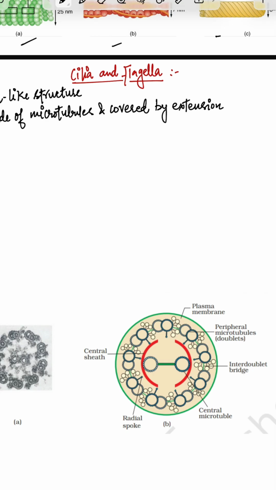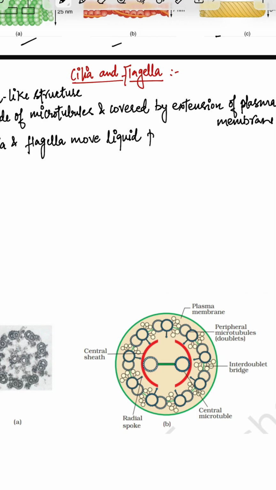Cilia and flagella both move liquid past the surface of the cell. So their role is to move liquid whenever it passes or crosses the surface of the cell. Basically they are concerned with movement because they are hair-like structures.